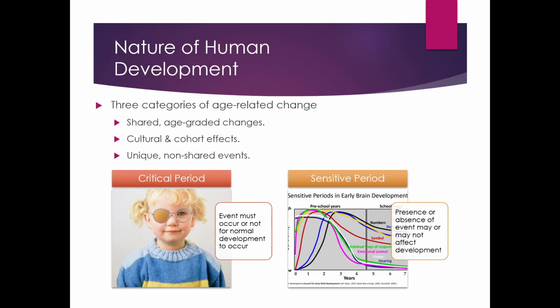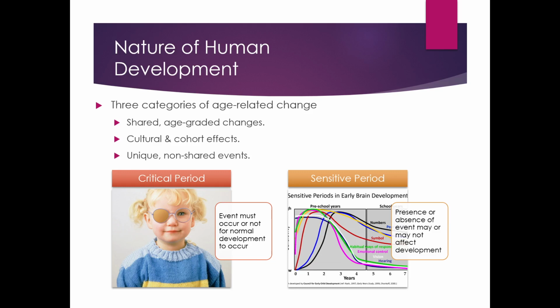A sensitive period is similar, except this is where we're not sure that the event might have an impact on development. The presence or absence of the event may or may not affect development. So there are some sensitive periods during the preschool years, for example, when the brain is developing really fast between birth and 4 years old, that if some kind of toxin was present, or if there was inadequate nutrition or inadequate social interaction, it might have an impact on the developing brain.